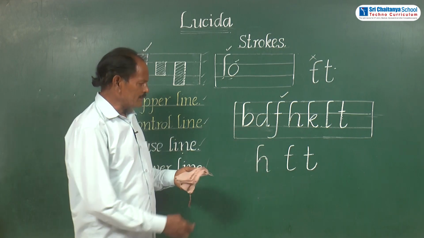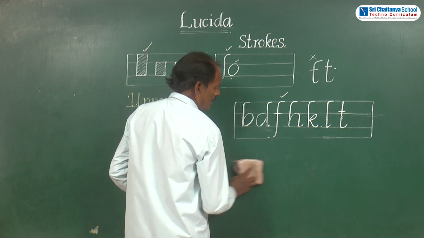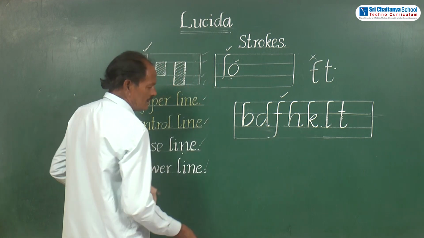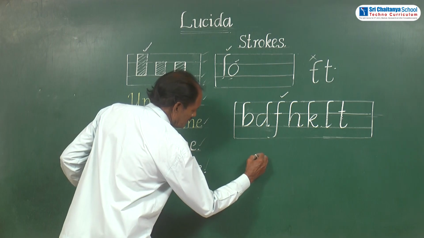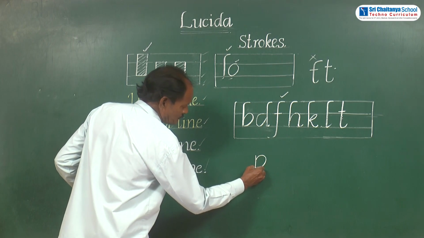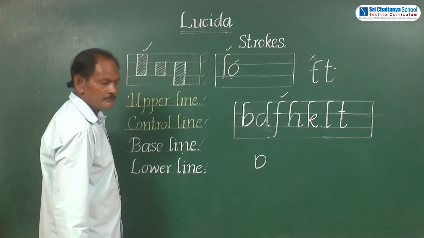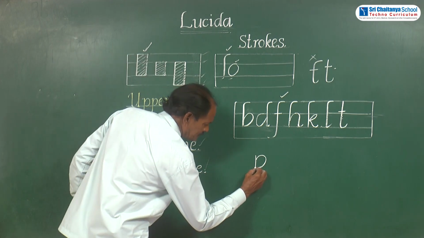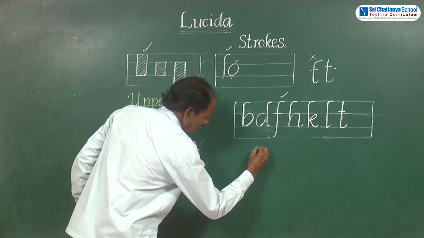because from the base line or from the base shape of the letter, as I told you earlier, this is the base form of B. We are just lifting the stroke up to the upper line.